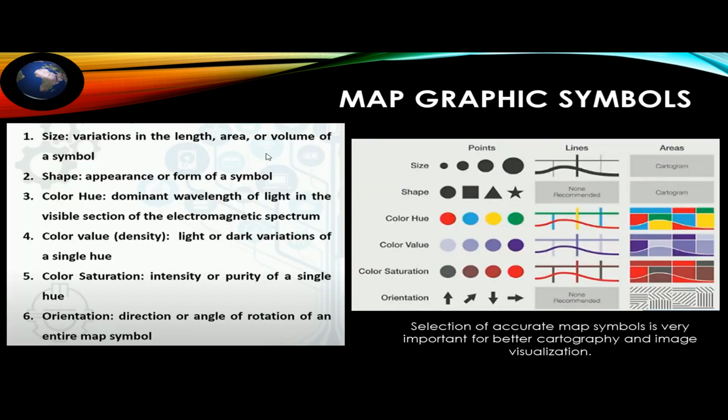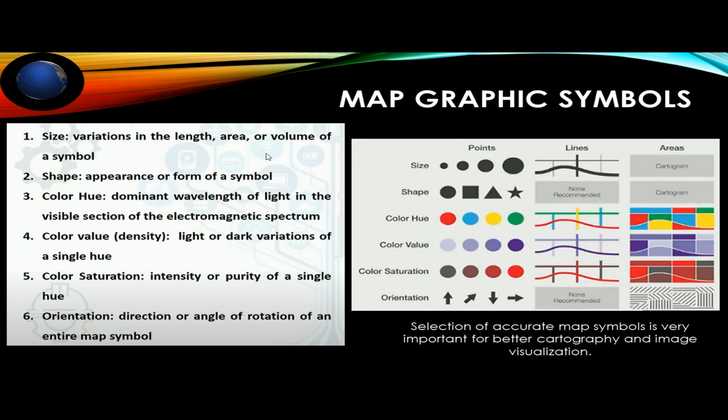For mapping anything, we need to know the map graphic symbols. Whatever features we are demarcating from our satellite data or raw open source data in our GIS tools or software, we need to know the exact symbol so that we allocate things properly.